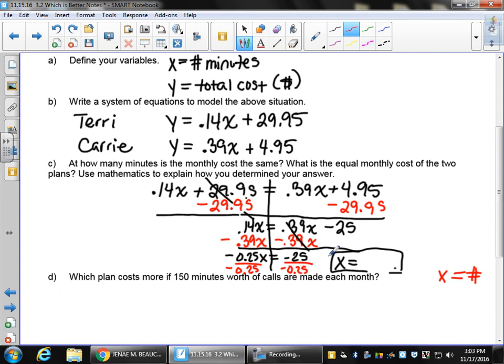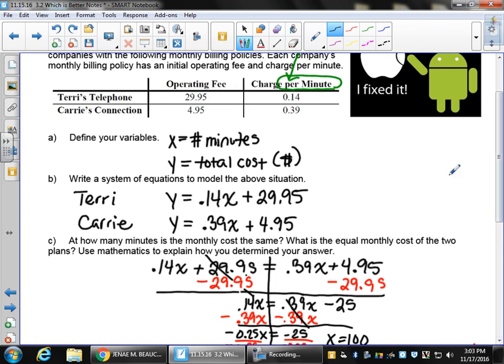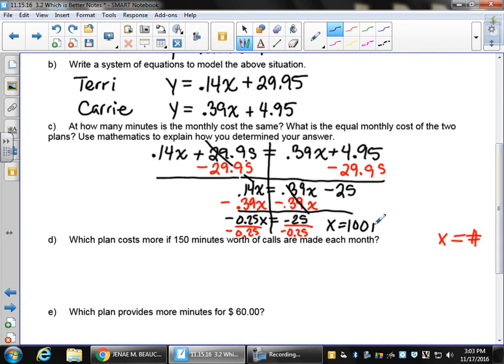Let's try that again. 25 divided by 0.25, 100. There we go. If we want to fit in a label, why not? Okay, let's try this. x equals 100 what? Well, if we go up, x is minutes. So x equals 100 minutes.